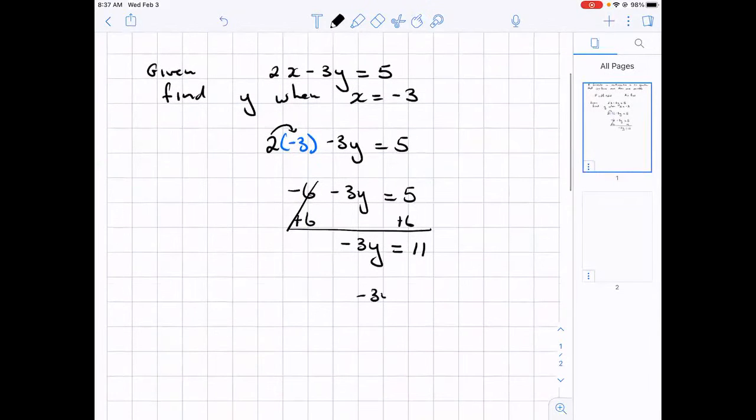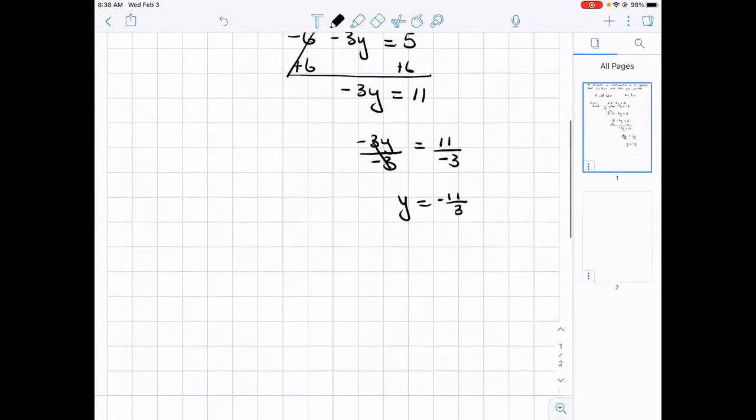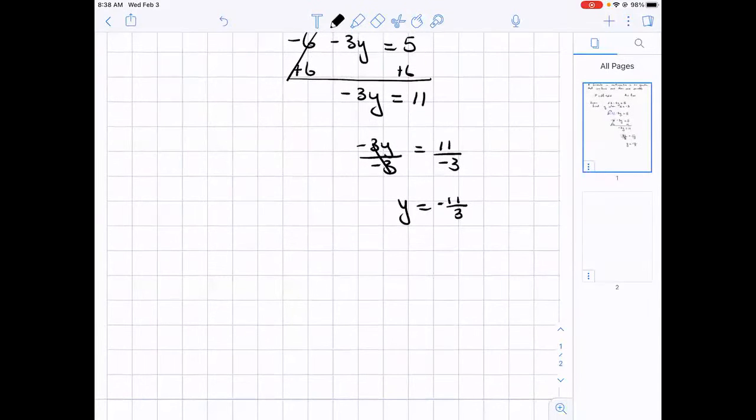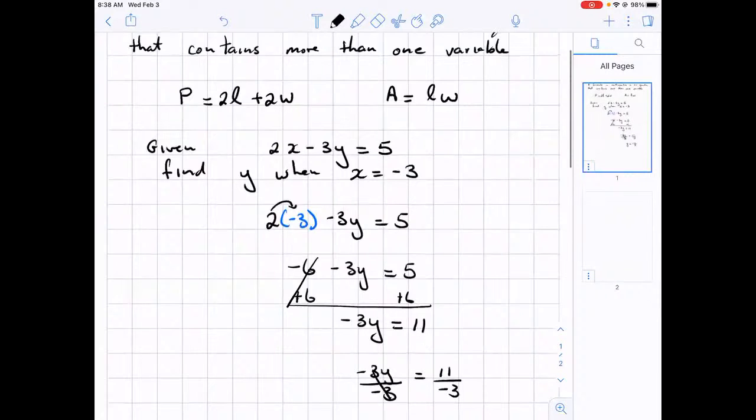And then to get y by itself, we'll divide both sides by negative 3. So we end up with y is equal to negative 11 thirds. So this is basically the steps you have been using before if you want to isolate, if you want to solve for y, right? Find y.